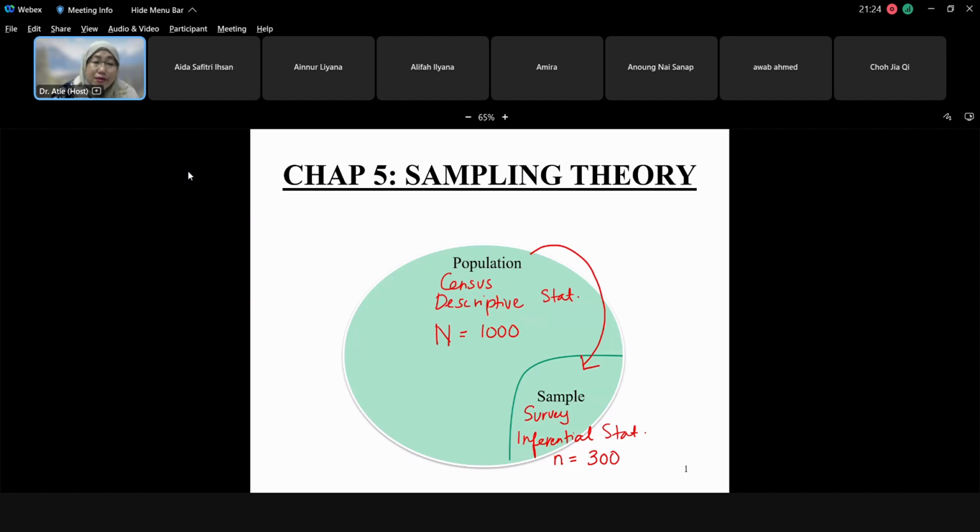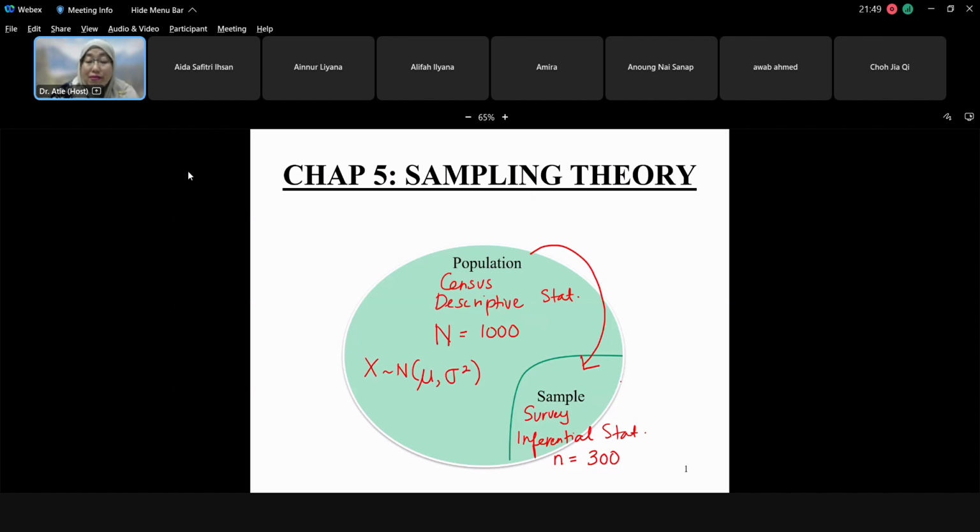Okay. So far we have learned the distribution. When we talk about the distribution of the population, we have learned X is distributed with normal distribution, with mu and sigma square, right? In this case, the distribution for sample is slightly different because we have a smaller number of n, right?